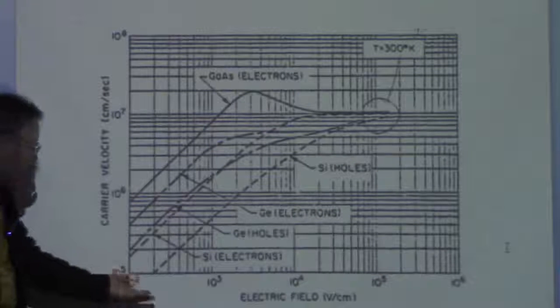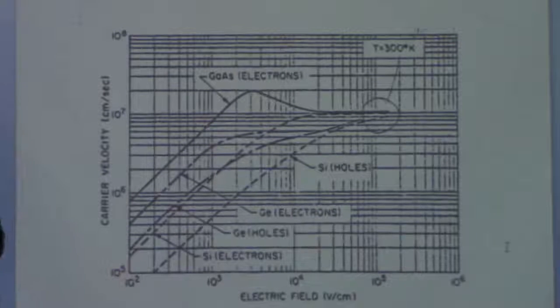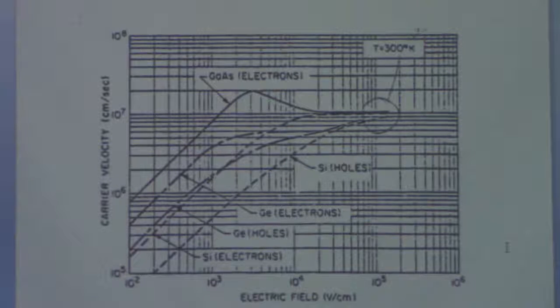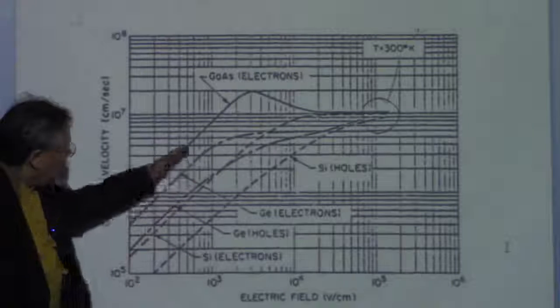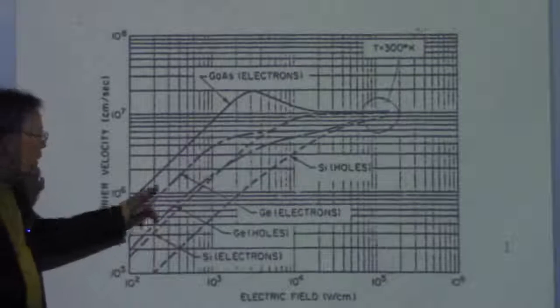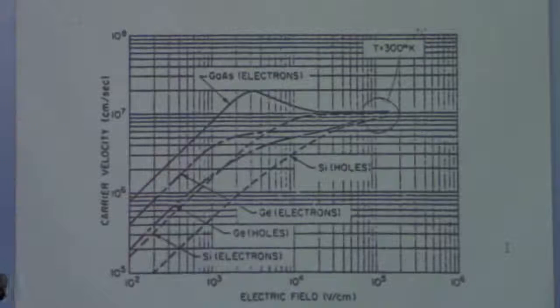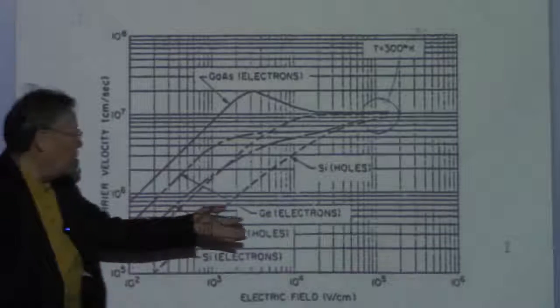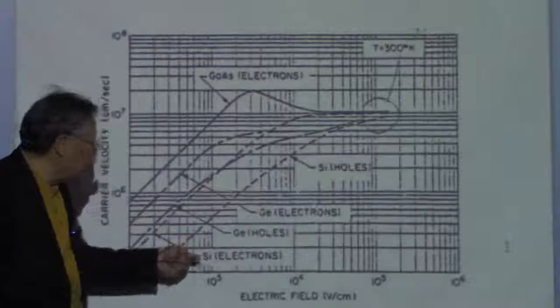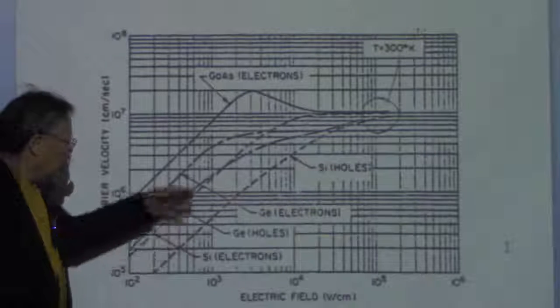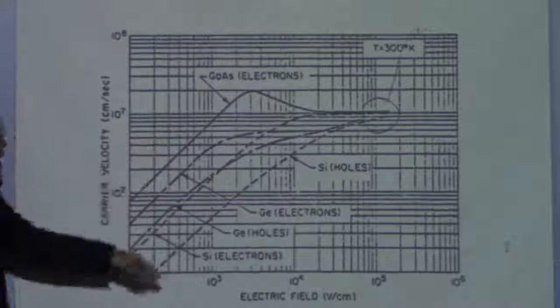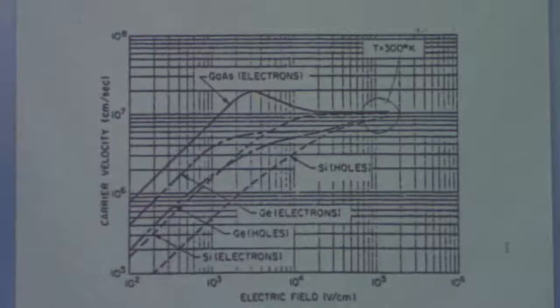So at low electric field, you are going to have a straight line, and that slope corresponds to the mobility of electrons in germanium and silicon, or the mobility of holes in silicon and germanium. And that has been compared in this plot.